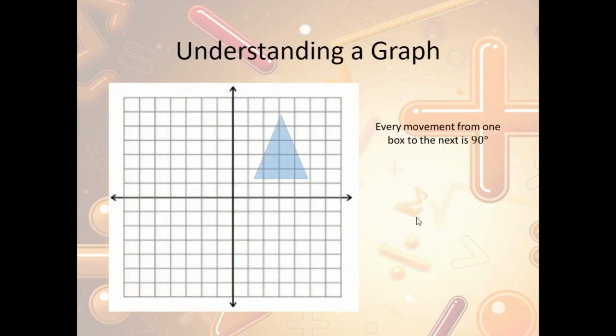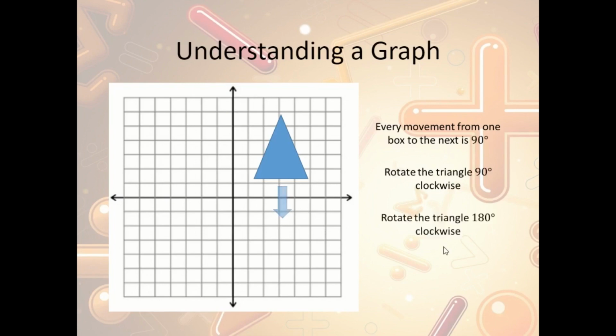So for instance, if we had our triangle here, and I said I want to move 90 degrees clockwise, I'm going to take that triangle and move it in the direction of a clock, and it's going to move down into this box. Now, if I want to go 180 degrees clockwise, that means I move 2 boxes, because 180 is just 90 times 2, so we move 1, 2 boxes, and we end up over here. Now, if we want to go 270, that's 3 boxes, so 1, 2, 3, and we end up over here.